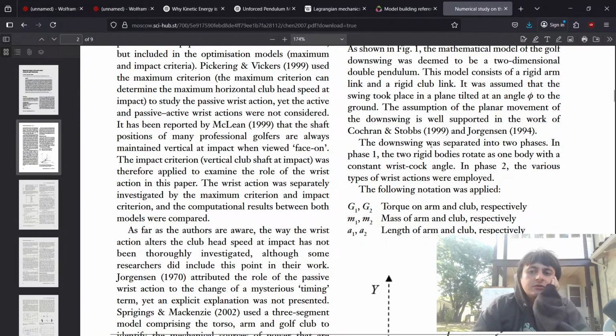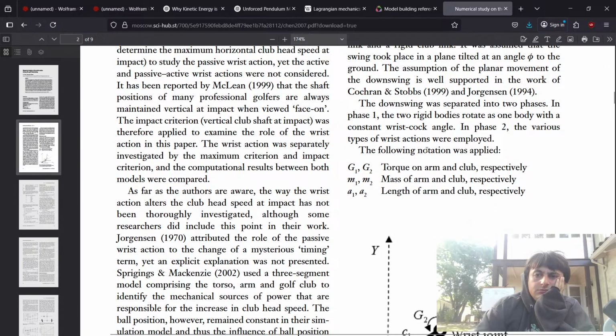In phase one, two rigid bodies rotate as one body with constant wrist cock angle. Okay, so there's an event that takes place.